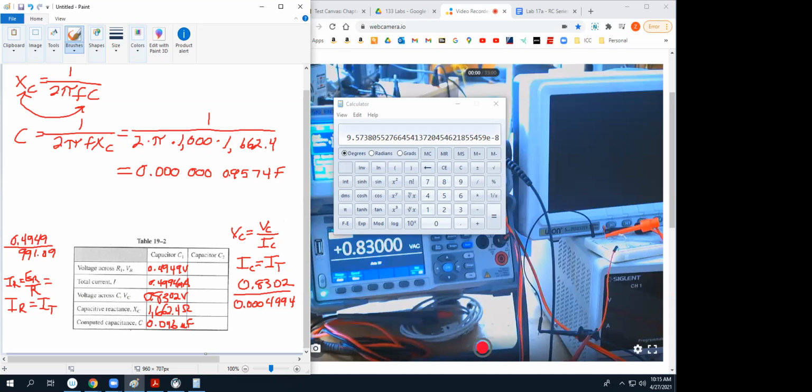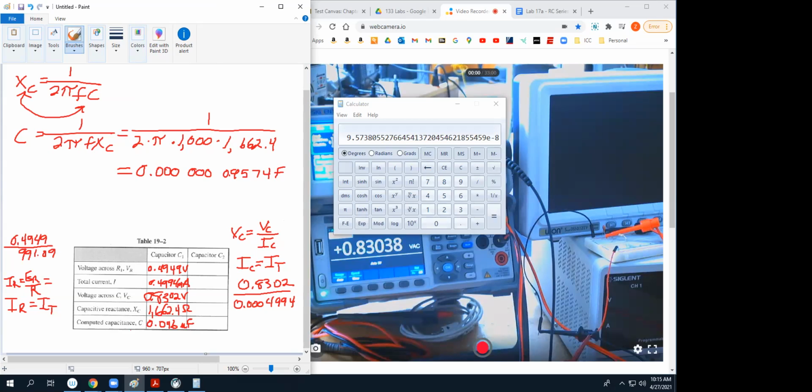Number 6, repeat steps 3, 4, and 5 using capacitor C2. Enter the data in table 19-2 in the column labeled capacitor C2. I'm going to skip this step because I just went through how to do it with the first capacitor. You should be able to duplicate that. Now connect C1 in series with C2.